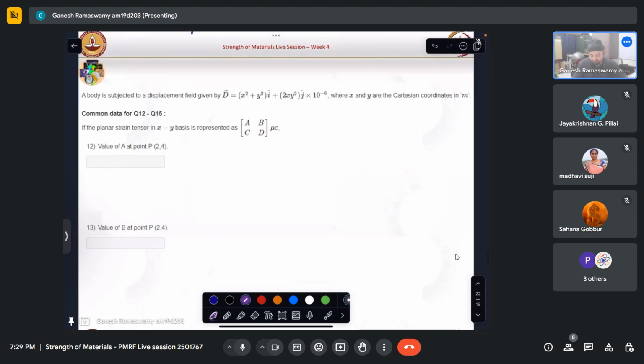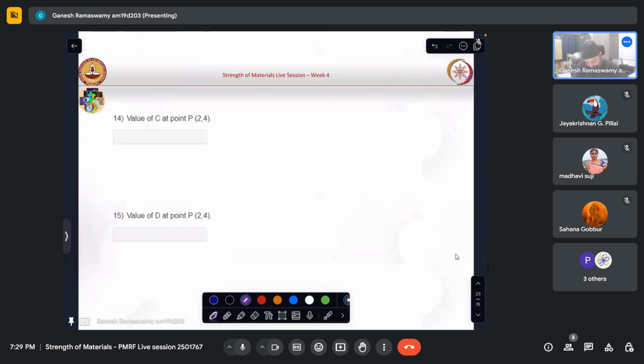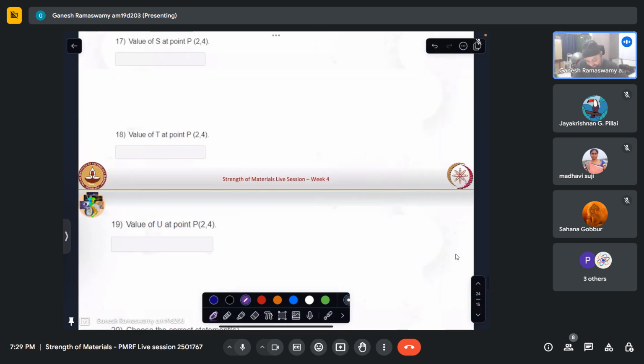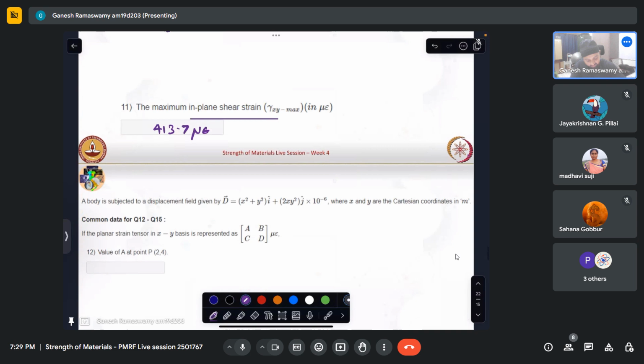All right. So a body subjected to a displacement field given by this. This is a vector field, and where x and y are the coordinates, and we have been asked what is the plane stress tensor components and the rotation tensor components. This is what we have been asked. So let us look at what this actually is.